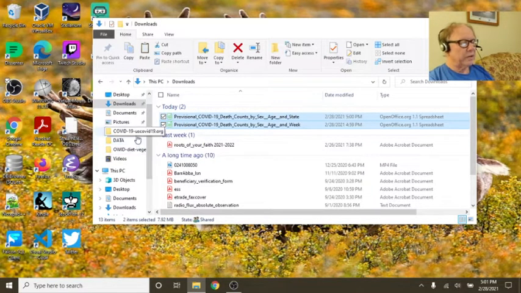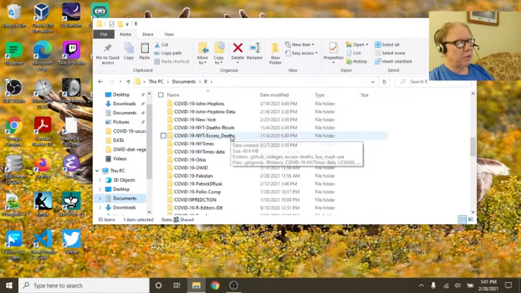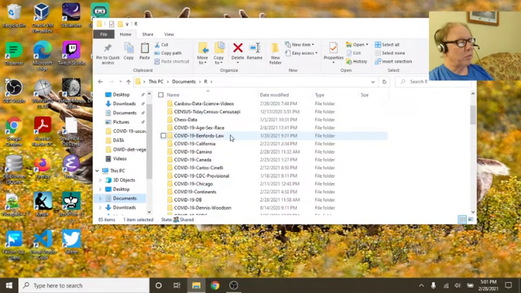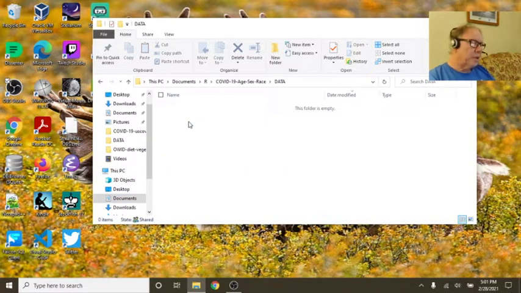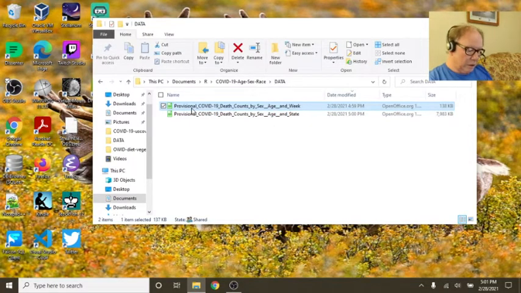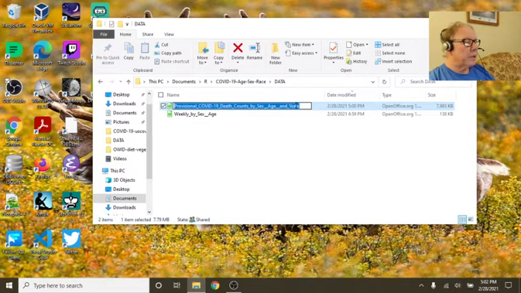And I believe I did actually fix the report so I don't have to go back and change the column names manually anymore. Let's put this inside of there. Let's change this to weekly. Let's change this back.